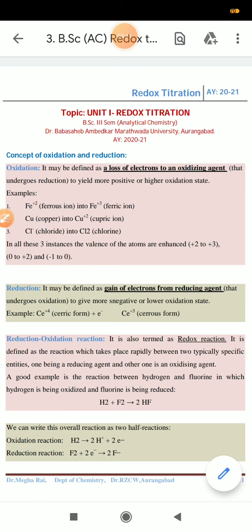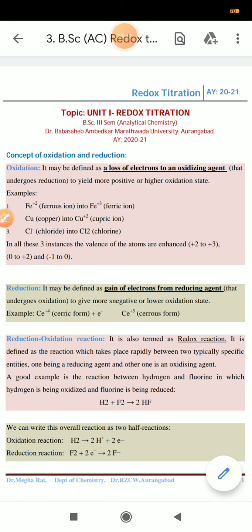Now we will see the overall reaction as two half reactions. Oxidation reaction: H2 is converted to 2H+ and 2 electrons are given out. These 2 electrons given by the hydrogen are accepted by the fluorine to form 2F-.